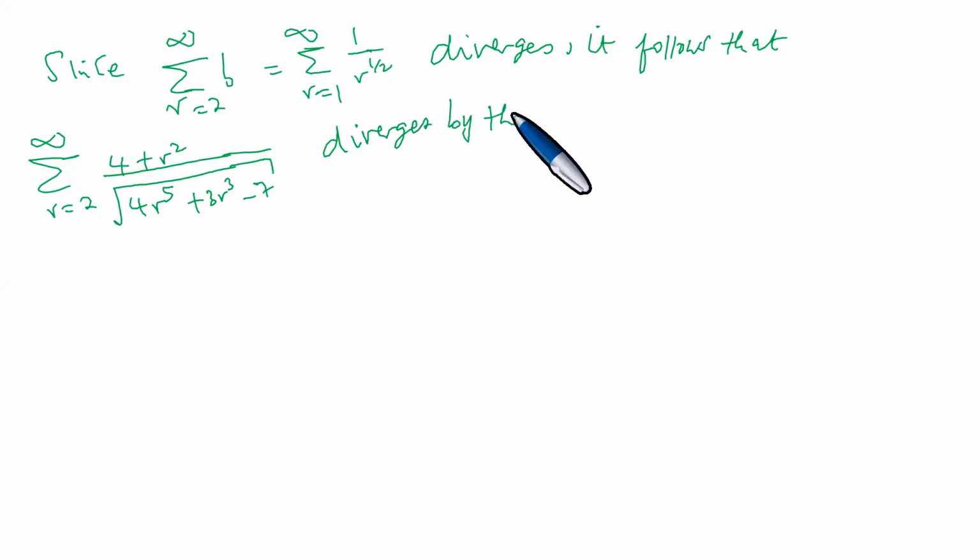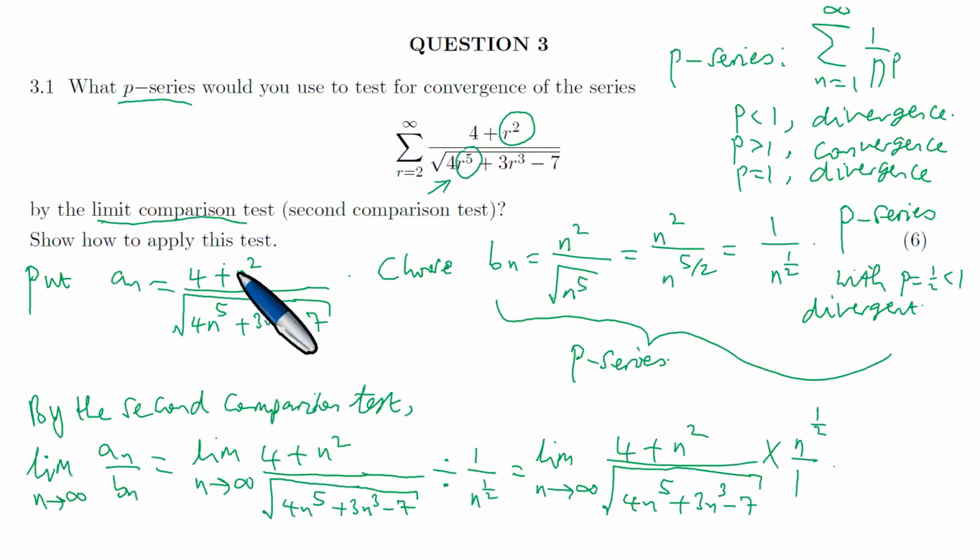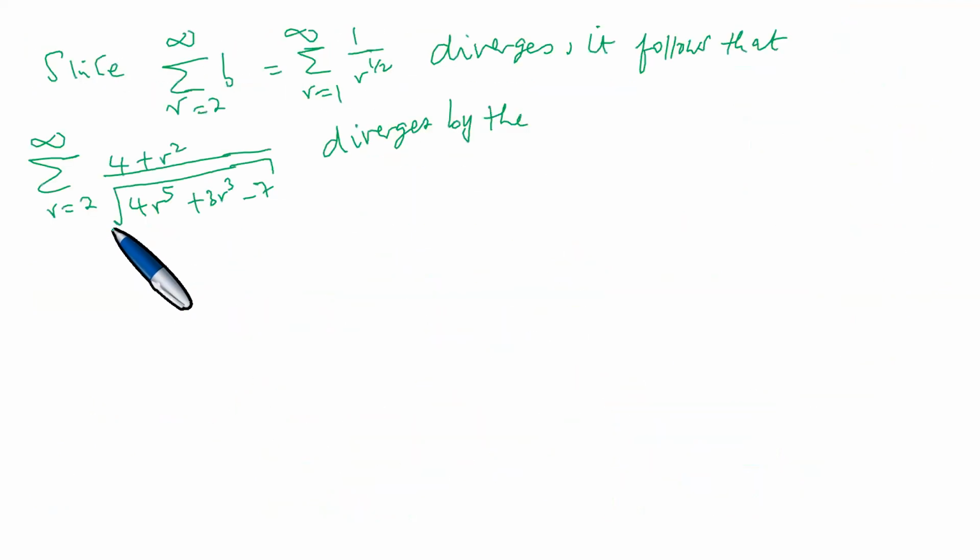By the, as said here, this is called the limit comparison test, or you can call it the second comparison test. Okay, that's the one we normally use here in this course. I'm going to comment about the first comparison test. We don't normally use it, it doesn't involve the limit, it's just comparing terms, etc. Yeah, so I'm going to comment on that at some point. But now, by the limit comparison test, it diverges.